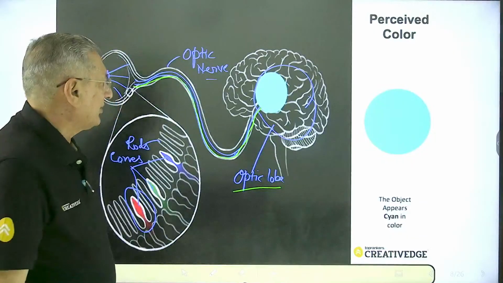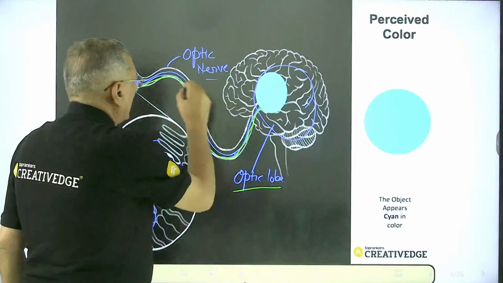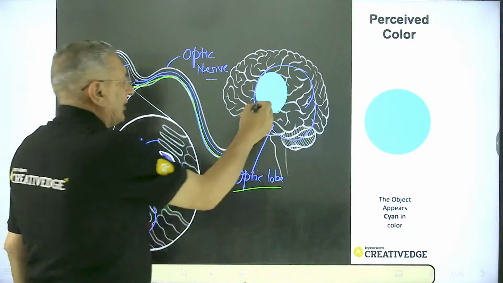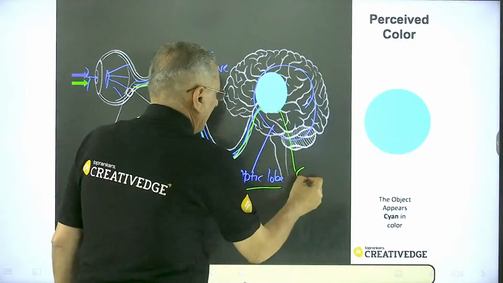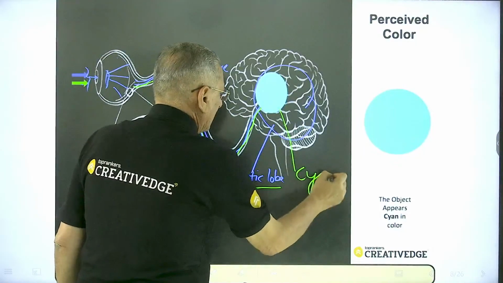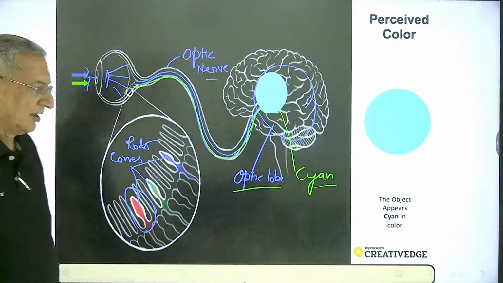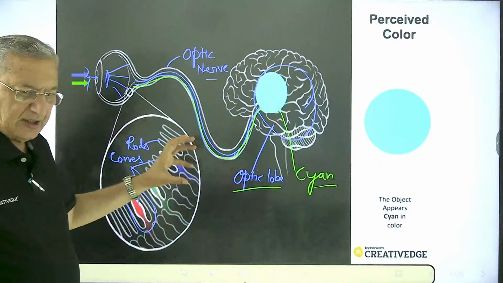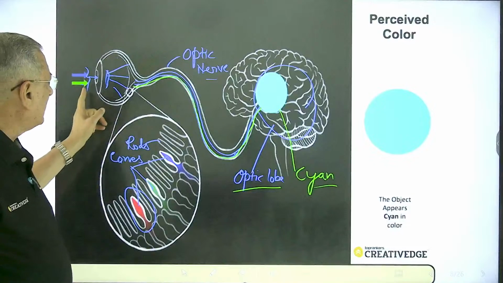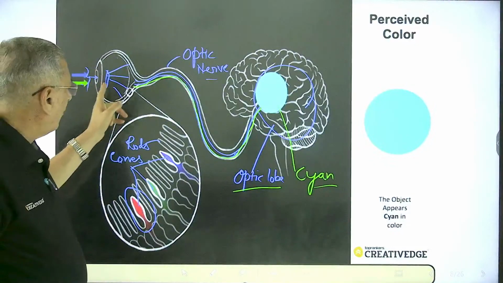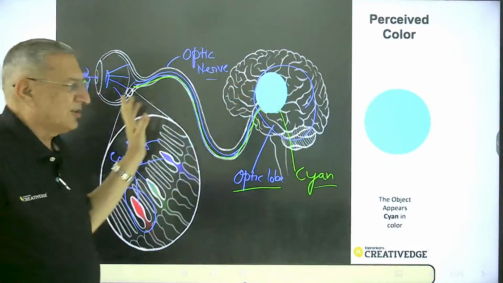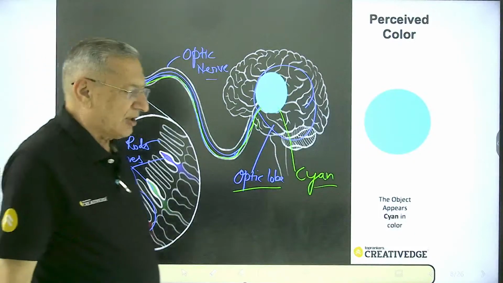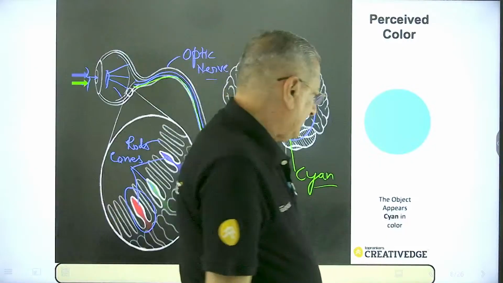So what happens? It mixes up the blue and green, and the perception is cyan. Perception is cyan color. So starting from the cyan colored object, this is the physiology of the working of perception of the light and the color.